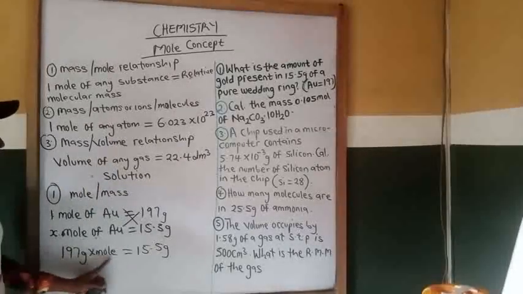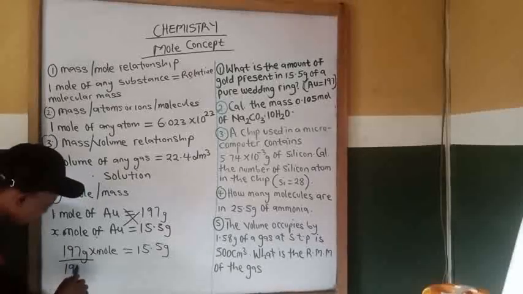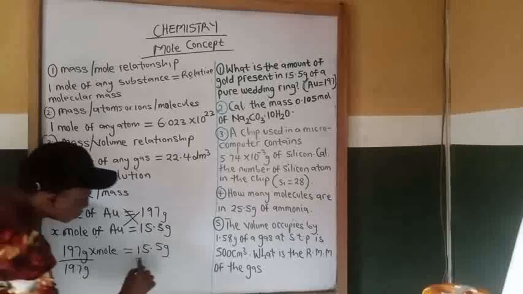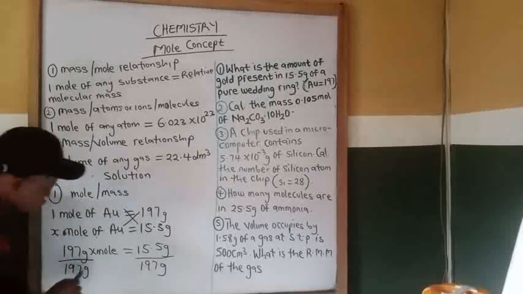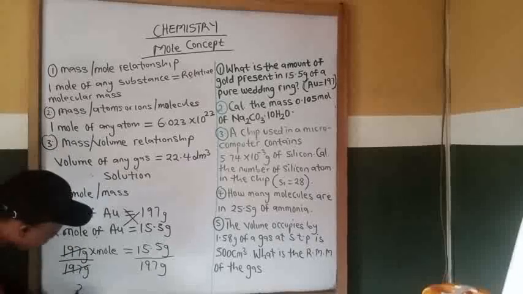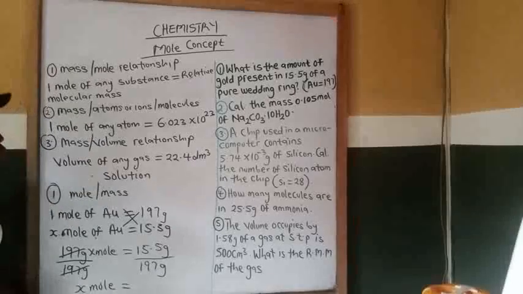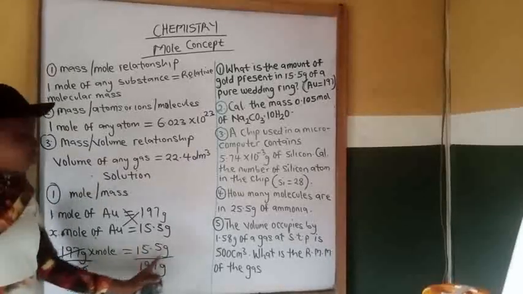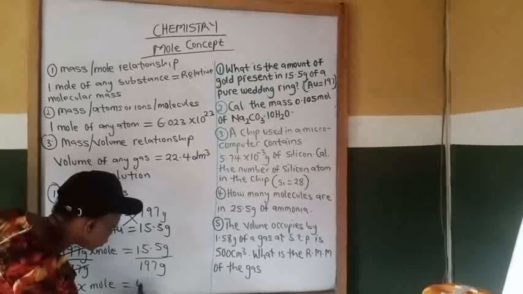Now to get the number of mole, X mole, we divide both sides by 197 grams. So the 197 grams cancel. Our X mole will now be equal to 15.5 grams divided by 197 grams.